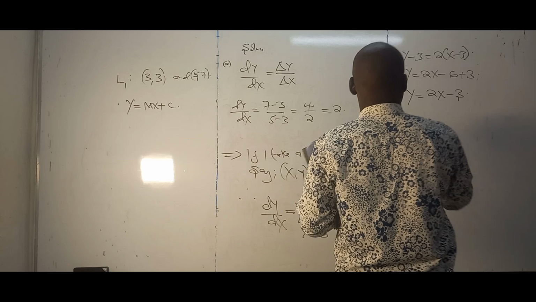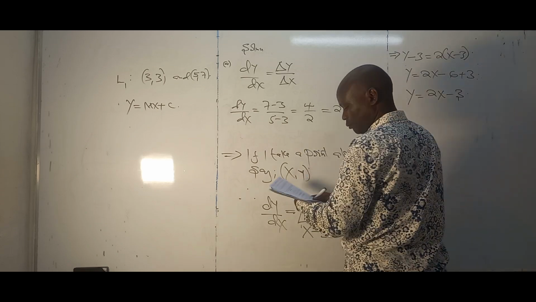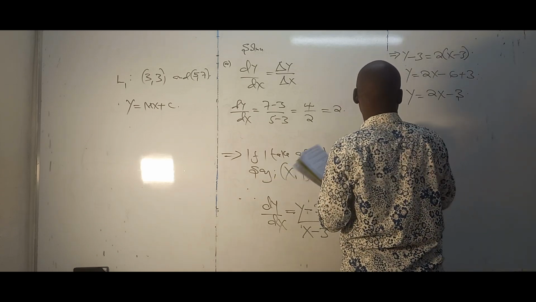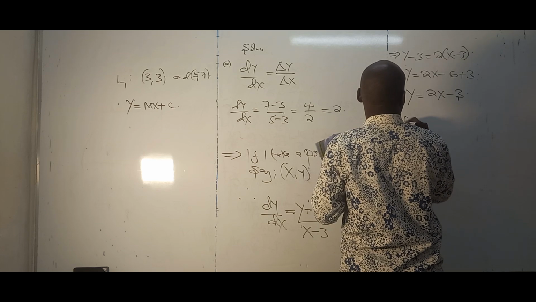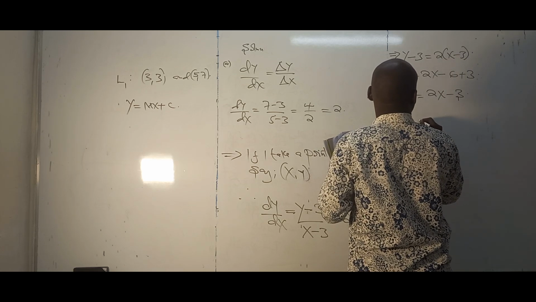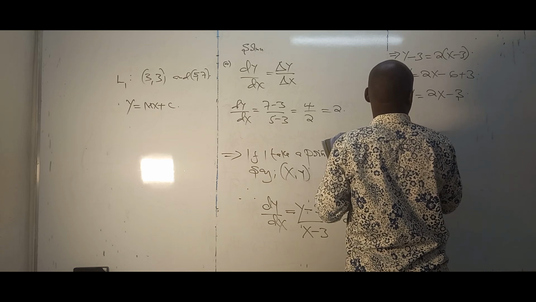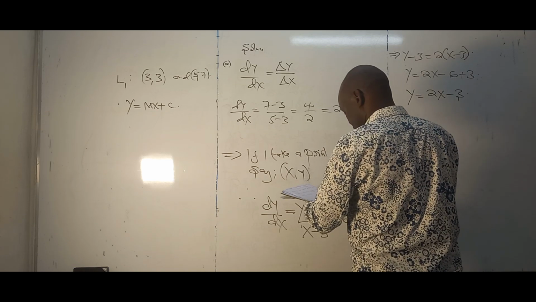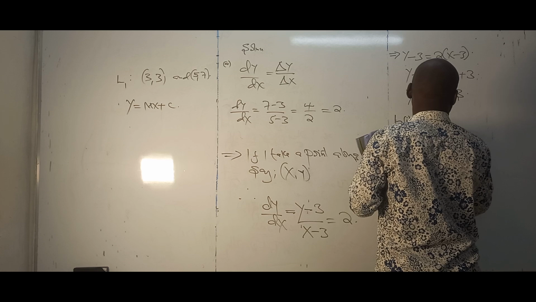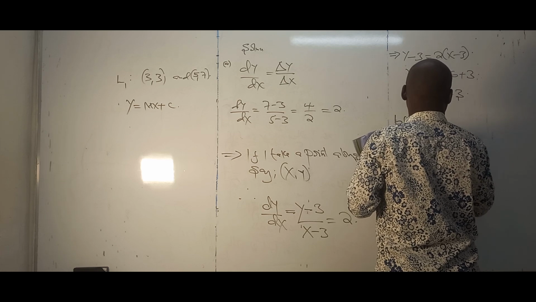So L2, that is part B1, has the point given as (-2, 3).